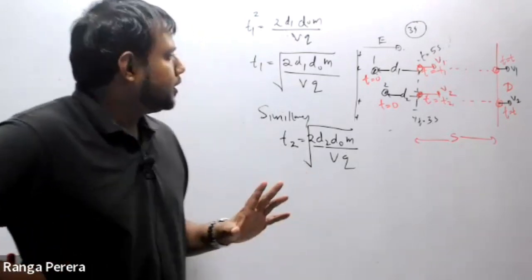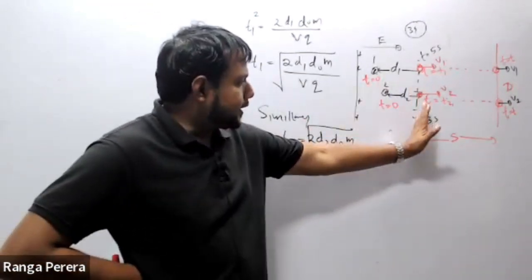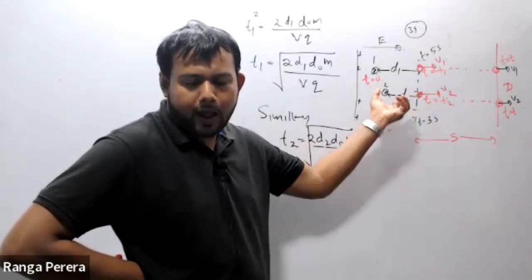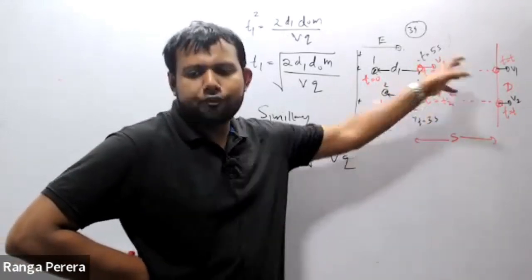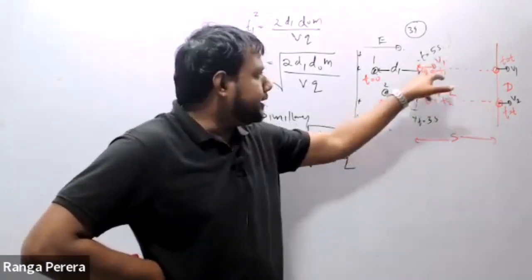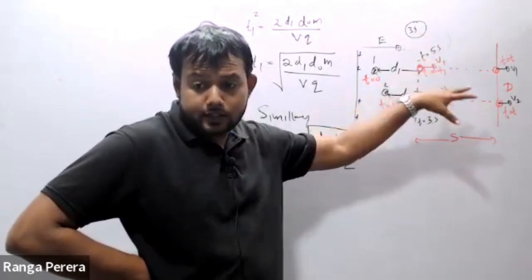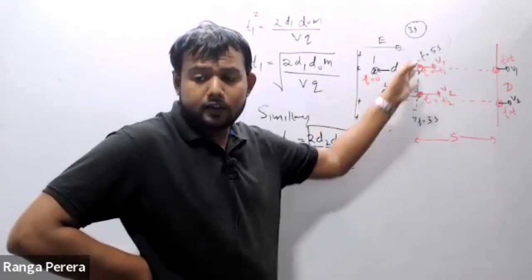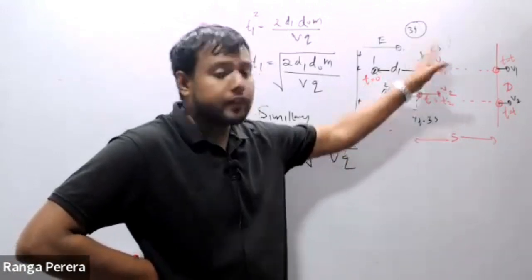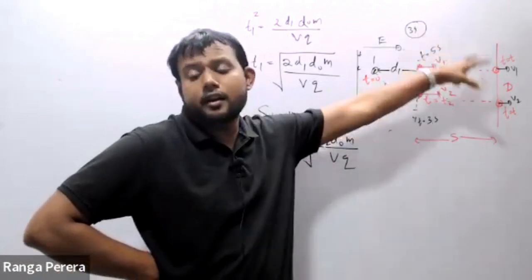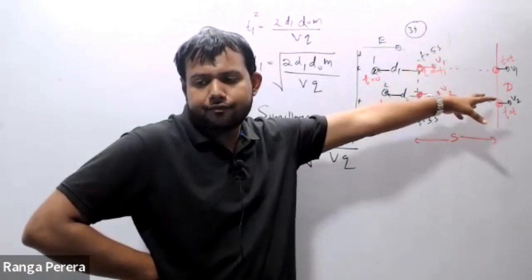Right? At t equals 3 seconds, for example, ion number 2 comes out from the field and travels with the velocity v2. At t equals 5 seconds, ion 1 takes another 2 seconds more, so only after 5 seconds does it come out of the field.